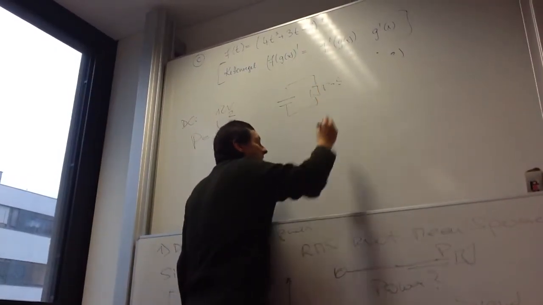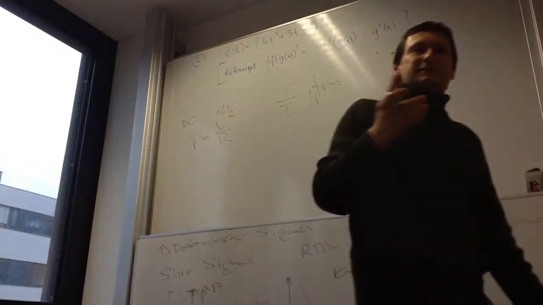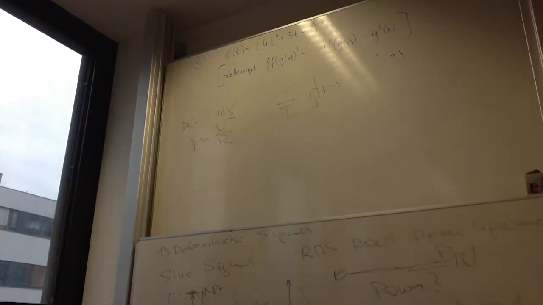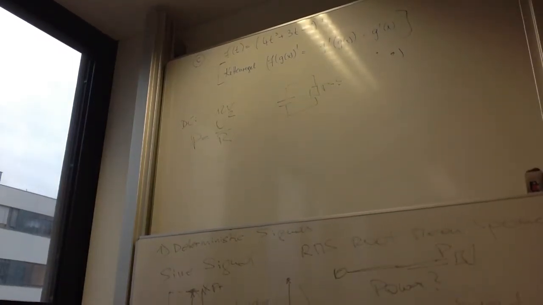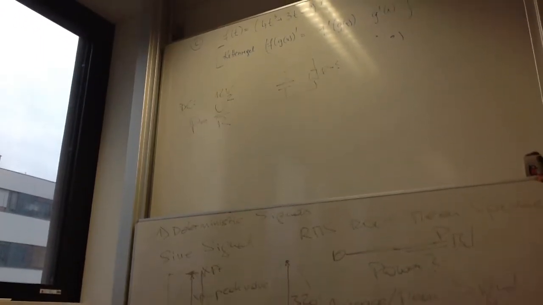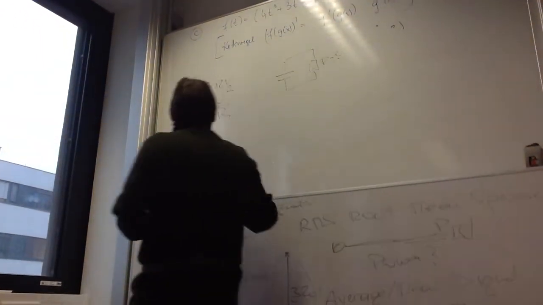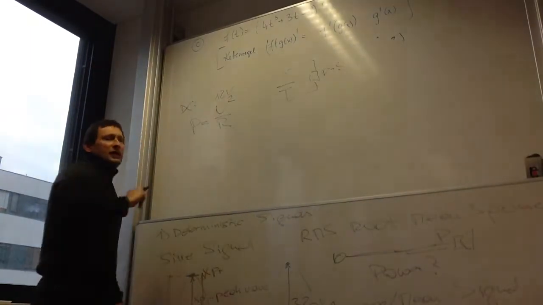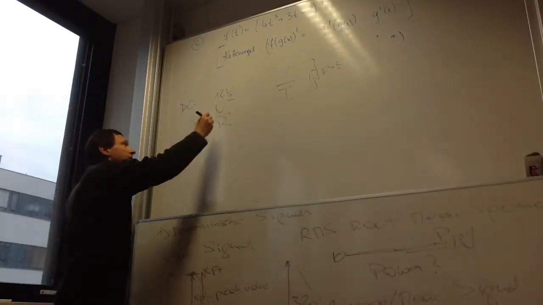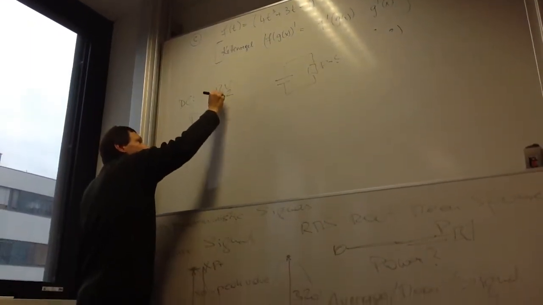And we would like to calculate the power that is transferred to that resistor. So we can calculate the power U squared over R, or V, whichever you like better.